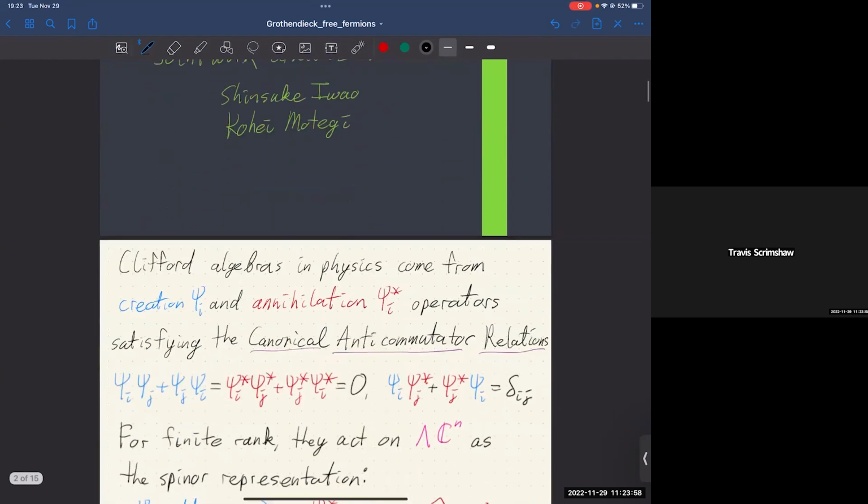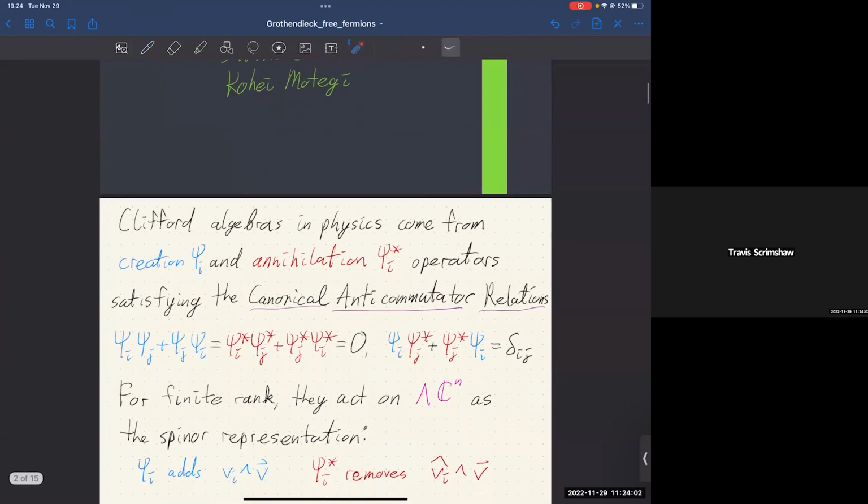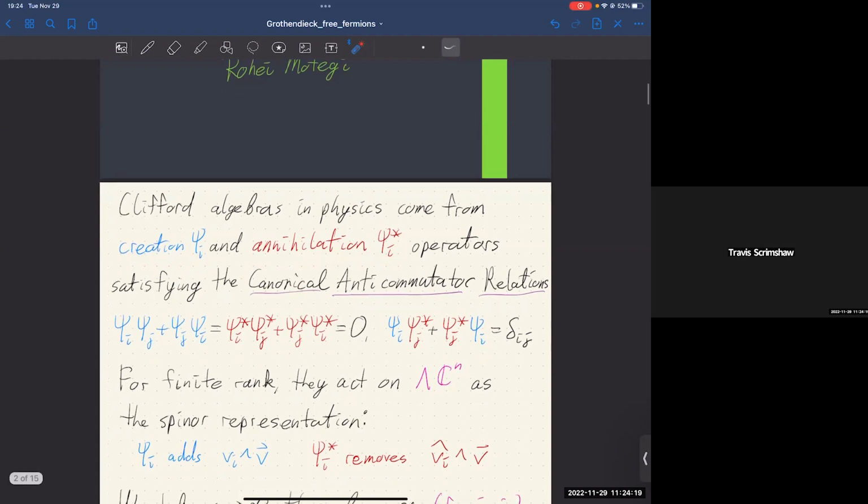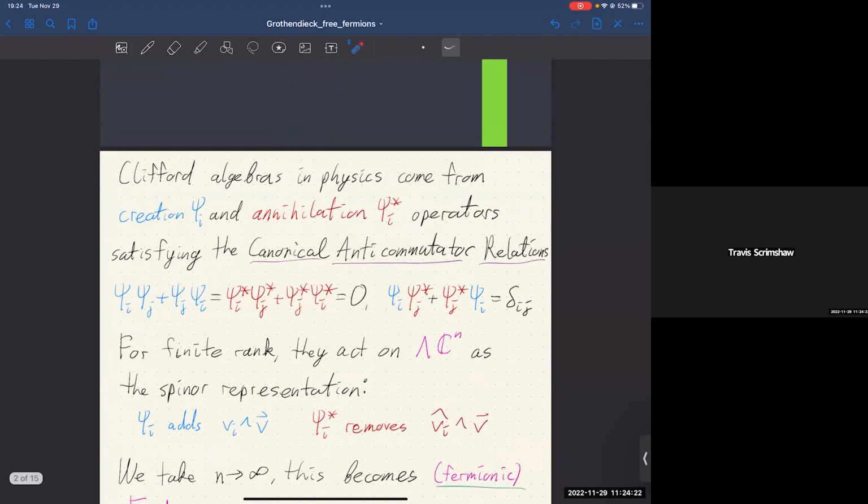So to start with, I'm going to just look at a Clifford algebra, and the people I know who are physicists will say a Clifford algebra, we have some creation operators, which I'll call psi, and some annihilation operators that I'll call psi star. And they're going to satisfy the canonical anti-commutator relations.